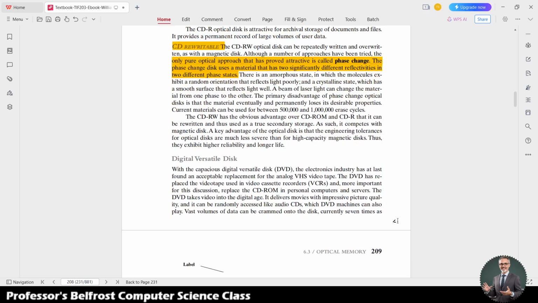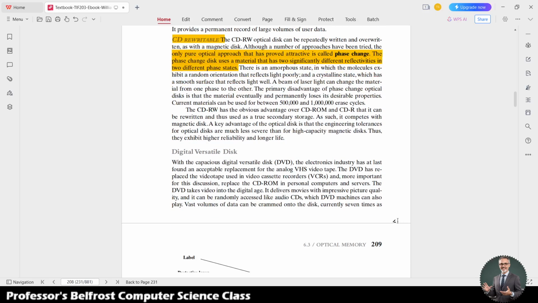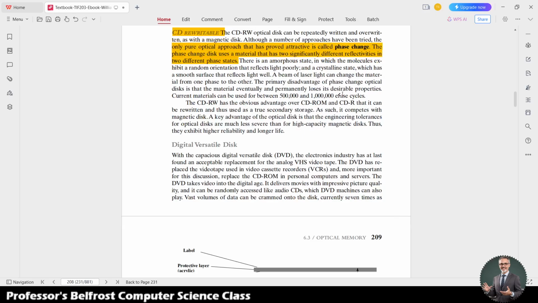The primary disadvantage with this is that the material eventually and permanently loses its desirable properties. It can only be used for about 500,000 to 1 million erase cycles. And the CD-RW has an obvious advantage over the CD-R in that it can be rewritten and thus used as true secondary storage.